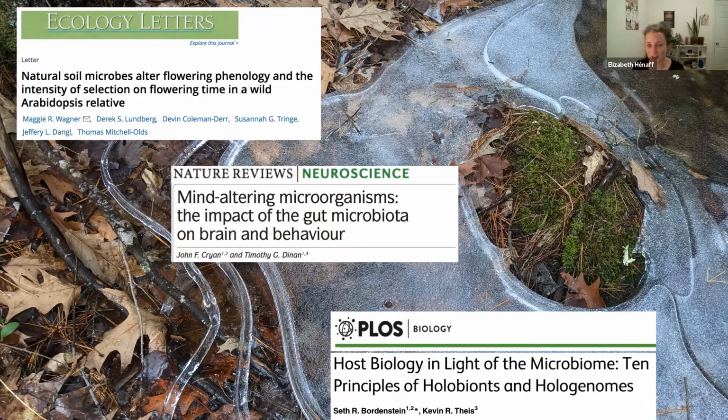But so these recalcitrant environmental microbes are really hard to get to know if the only way that you can get to know a microbe is to grow them in the lab and see what they do in a petri dish.